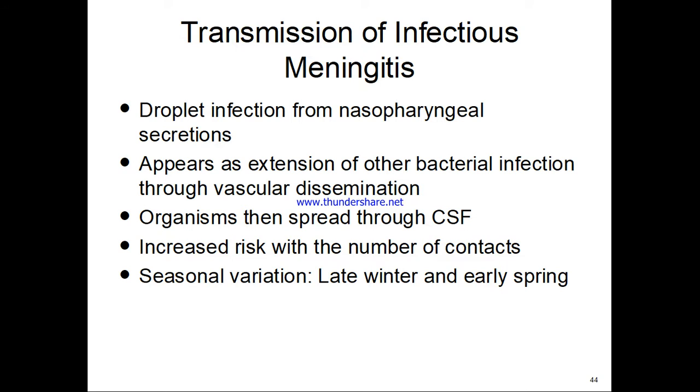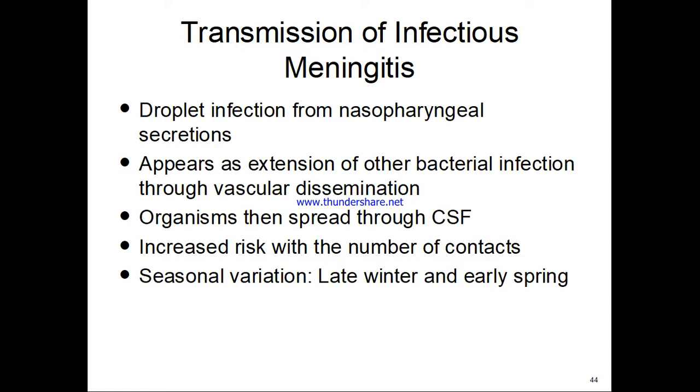So meningitis is transmitted by nasal droplet secretions. So these patients need to be placed in droplet isolation. And oftentimes this is an extension of another bacterial infection, such as a sinus infection that traveled, and the organisms then spread to and through the CSF.